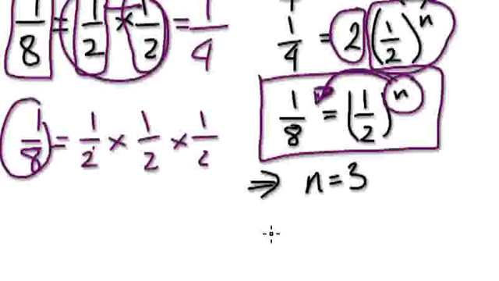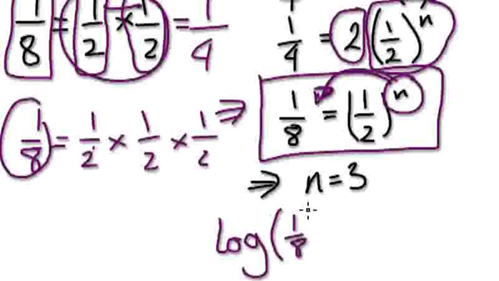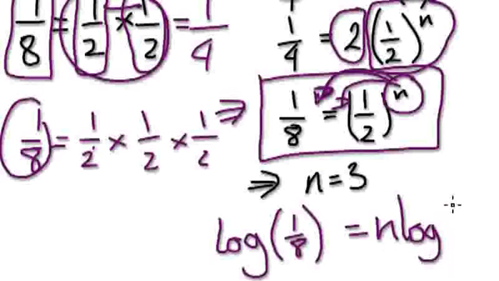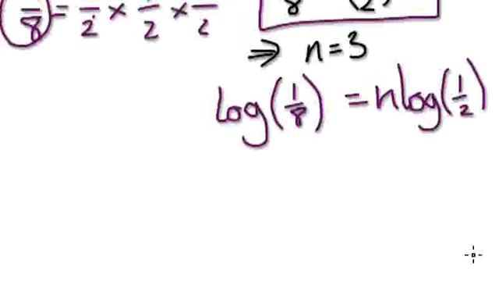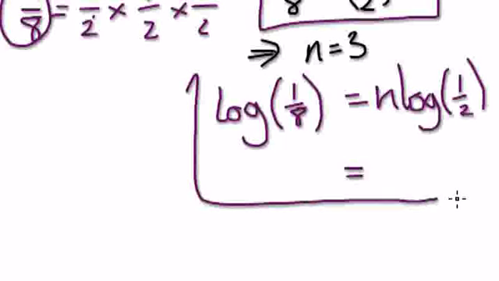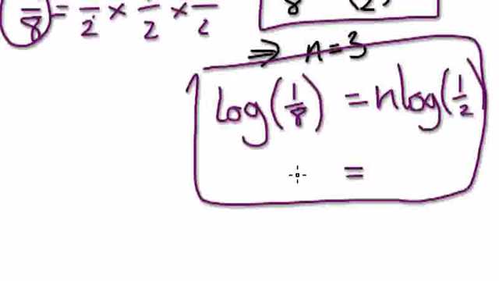So log 1 over 8 equals, when you log this side, the n goes in front, so it will be n log a half. It doesn't matter if you don't understand this. Just follow it through. This is for when you're older.